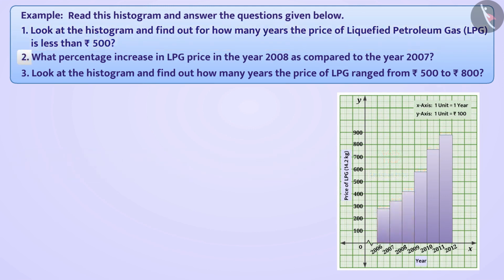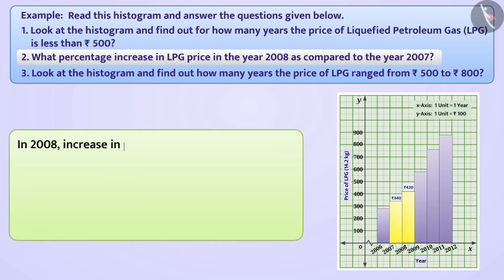Can you tell what is the percentage increase in LPG price in the year 2008 as compared to the year 2007? Here, the price of LPG in 2008 is 420 and in 2007 the price of LPG is 340. In this way, the price of LPG increased by rupees 420 minus rupees 340, which is equal to rupees 80, from the year 2007 to 2008.